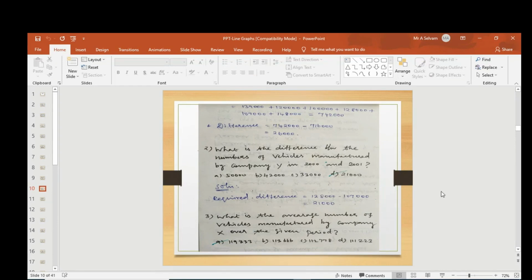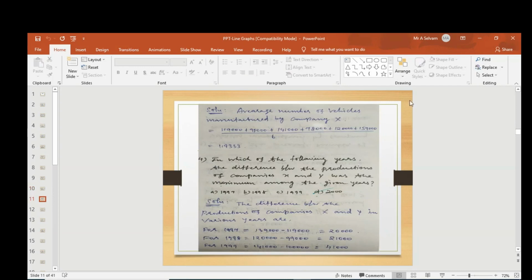What is the average number of vehicles manufactured by company X over the given period? Now we have to take the average. There are two manufacturing companies, X and Y, but here they are asking only for X. Options A, B, C, and D are also given.